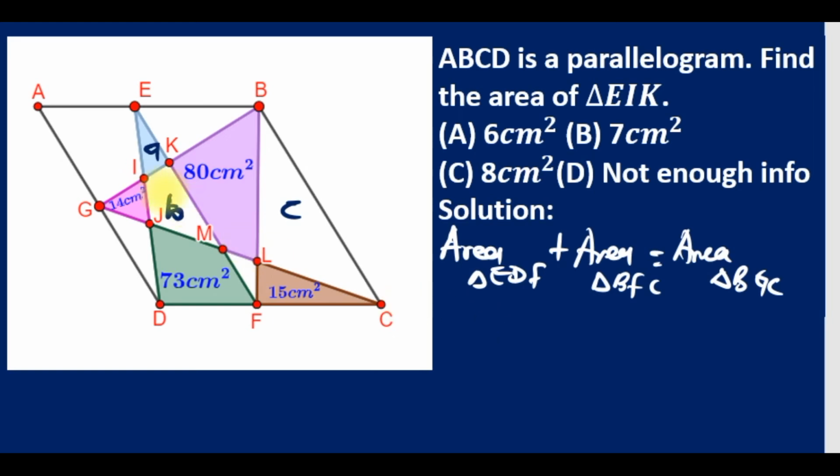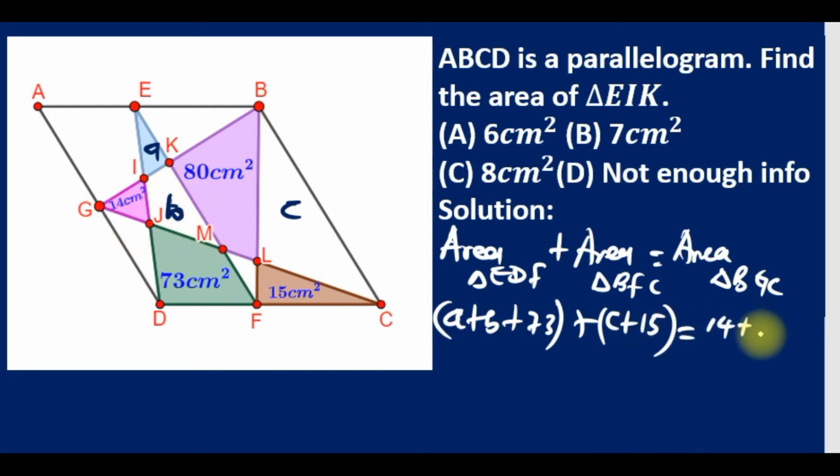So let's substitute the values. This is A plus B plus 73, plus this is C plus 15, will be equal to 14 plus B plus C. What do you notice here? The common terms B and C are gone.